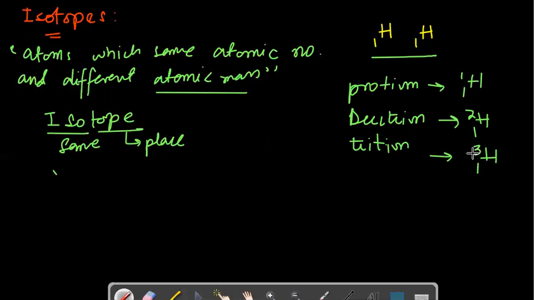Keep in mind, any species that have the same atomic number and different atomic masses are known as isotopes and will be placed in the same position within the periodic table. Whenever we talk about isotopes, we can write the similarities and the differences between them. First of all, the similarities.